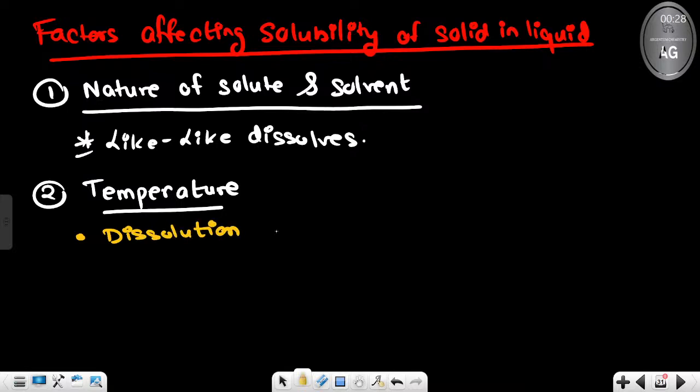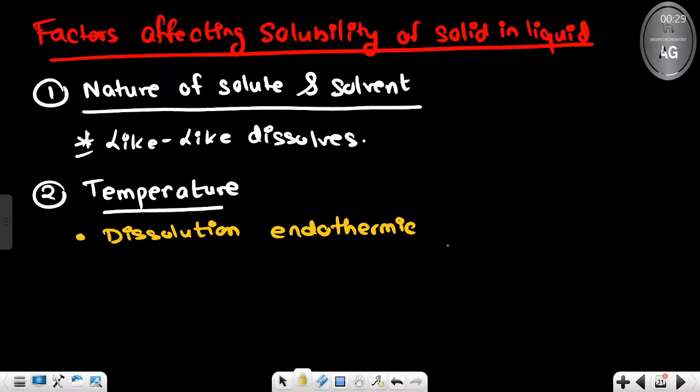Let us assume that dissolution was endothermic. Endothermic means you have to give heat. So if dissolution is endothermic, when I am dissolving the solid in liquid, I am giving heat. So the more heat I give, what will happen? More will dissolve.